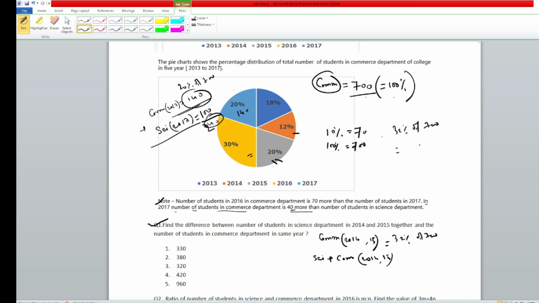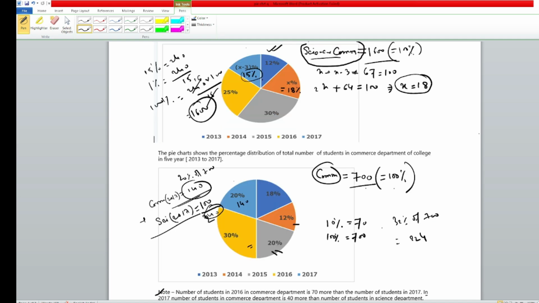What is the answer? 7 2s are 14, 1 carry, 7 3s are 21, 22, that is 224. So the number of students in commerce in 2014 and 15 is 224. And the number of students in science and commerce in 2014 and 15, that is 30% and 18%, is 48%.